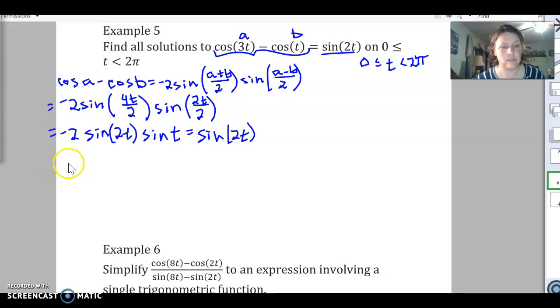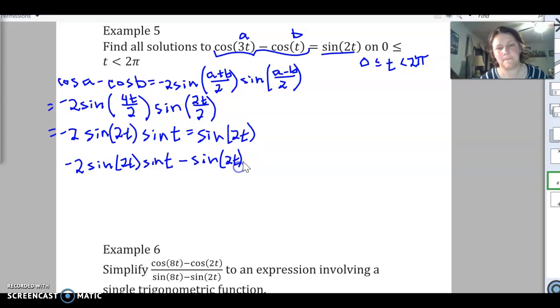What we're going to do instead is subtract sine of 2t from both sides and set that equal to 0. So we have worked with some of these problems at the beginning of section 7.2. What do they both have in common? They both have a sine of 2t in common.